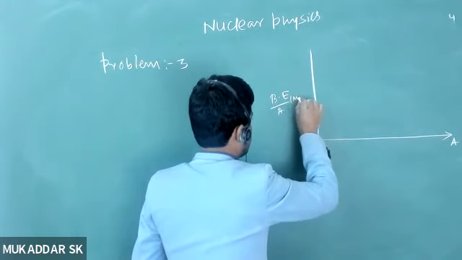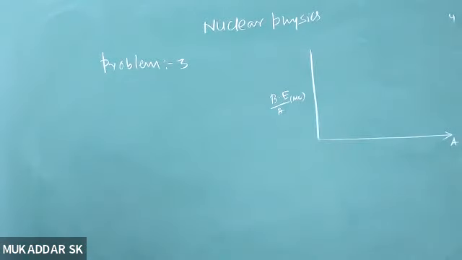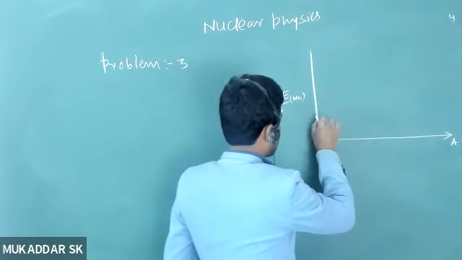Of course, that will be mega electron volt, right? No, the binding energy per nucleon, the unit of mega electron volt is given, and that curve looks like this.